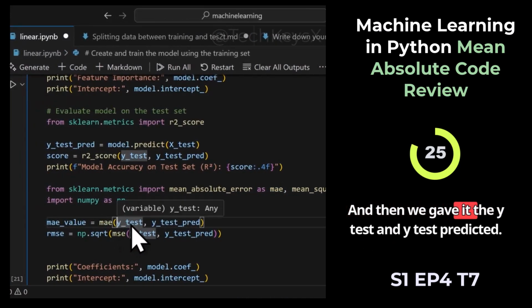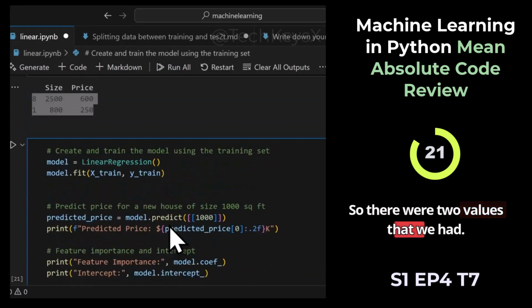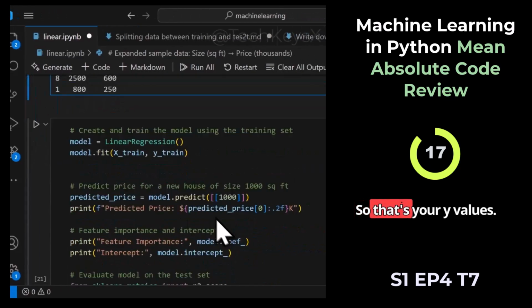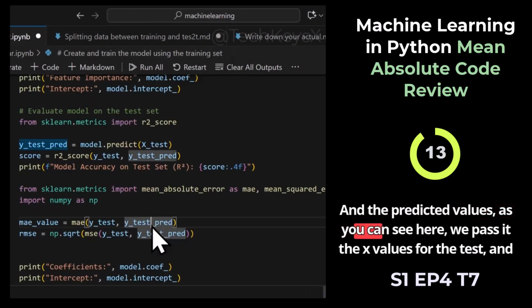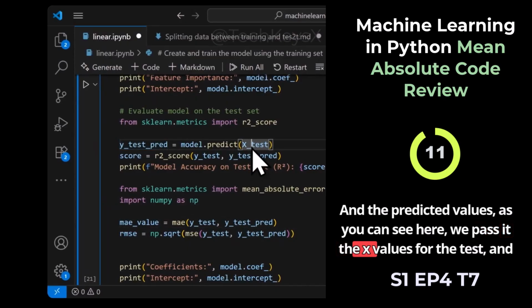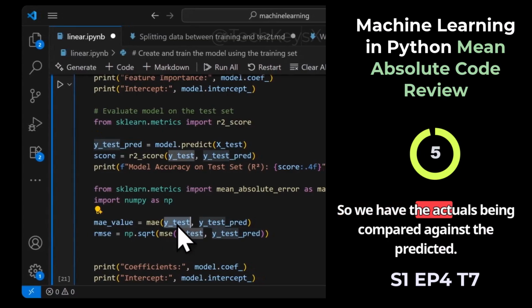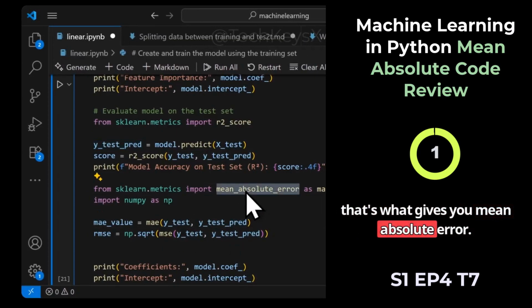And then we gave it the Y test and Y test predicted. So there were 2 values that we had. So over here, we had the 2 values. So that's your Y values, and the predicted values, as you can see here, we pass it the X values for the test, and we ask it to predict the Y values. So we have the actuals being compared against the predicted, and that's what gives you mean absolute error.